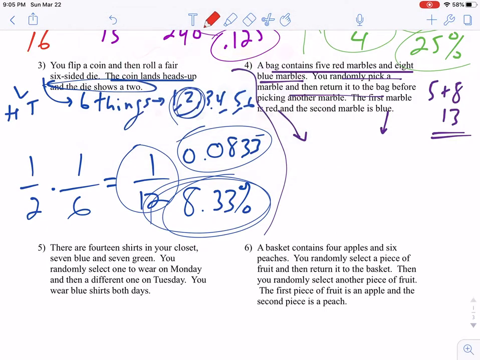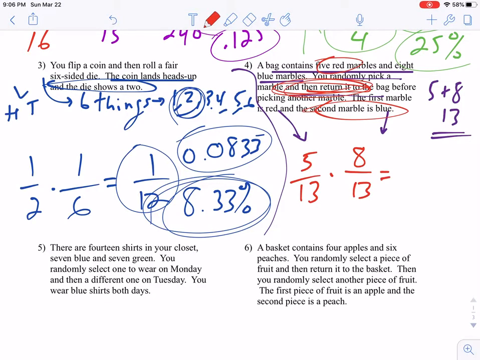Well, how many red ones were in the bag? Well, there were 5 red ones. 5 out of 13. Remember, there were 13 marbles. And we're going to multiply that by the second event. Second event is that you're getting a blue marble. Well, how many blue ones were in the bag? 8. We did return it. We took the first red one out and we returned it.